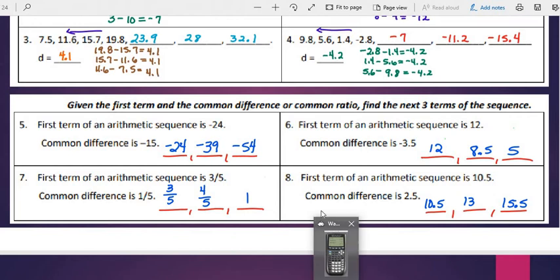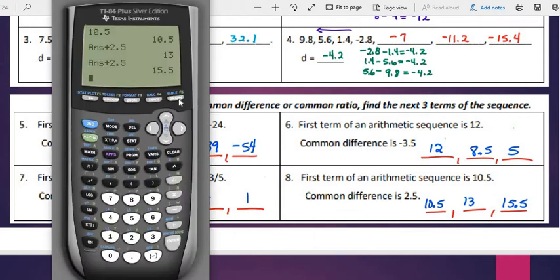So when I look at this right here, I see that I enter 10.5. I have to know what my first term is before I can find the next term. So I'm going to reuse this answer right here, and I'm going to add my common difference to it right here.